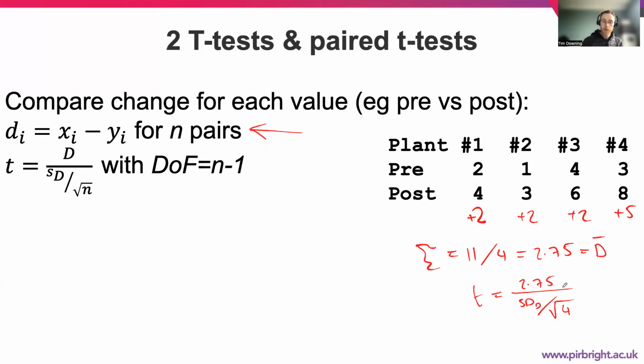So what we get for the standard deviation in this instance would be 1.5. So 1.5 divided by 2, and that would give us a t value at the end of about 3.7. So you could say then that this difference, if we look at the values before and after, is probably going to be high. So you can sort of see that there.